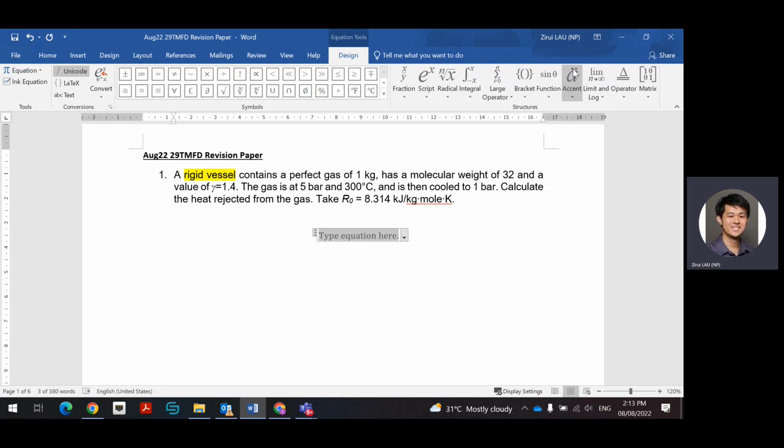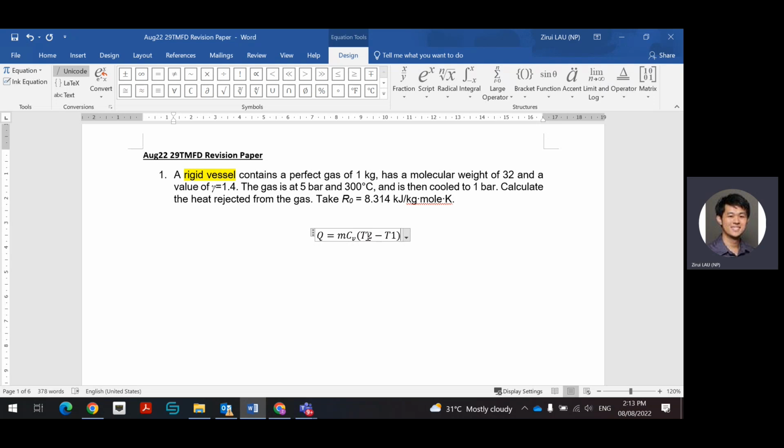So the main equation that we want to apply here is Q equals mCv (T2 minus T1).